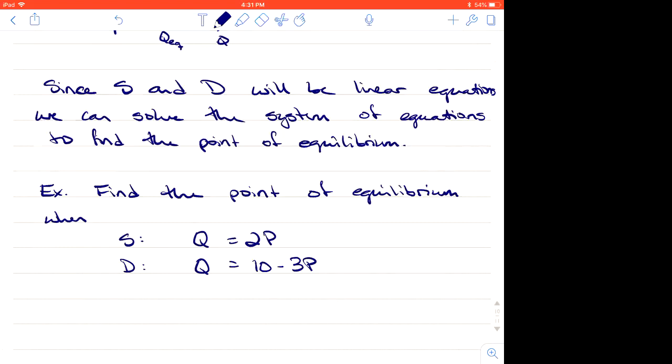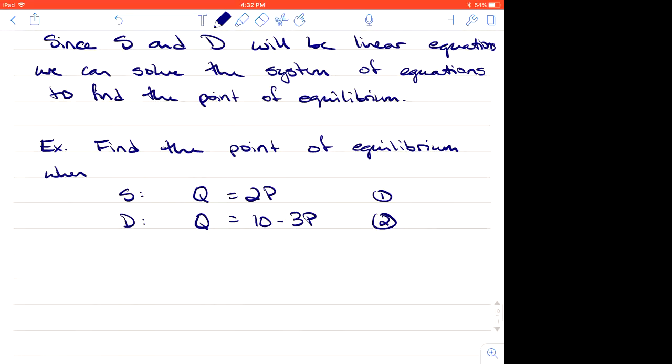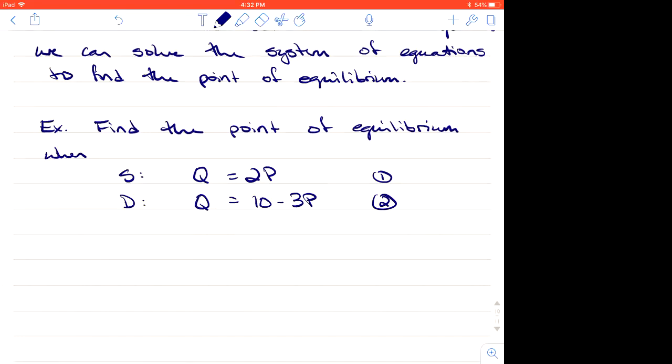And so I'm going to let this be equation 1 and this be equation 2. You can ignore the S colon and the D colon because those are just labels. It doesn't actually matter. And so I'm going to substitute equation 1 into equation 2.